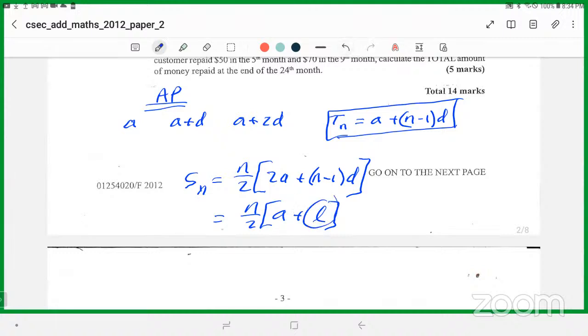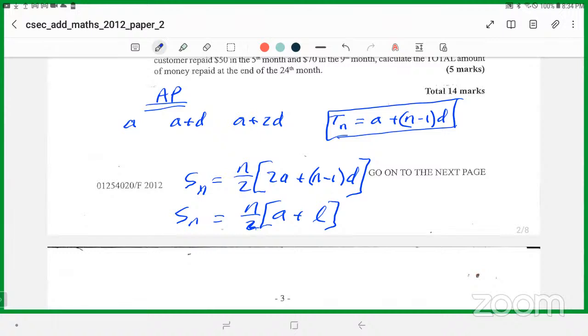So when you know the last term, this is a good way to find the sum as well. If you know the first term and the last term, this tells you the sum of the terms, if it's an AP, and you don't need the d that time. If you know the first term, the last term, and the number of terms, you can find the sum.